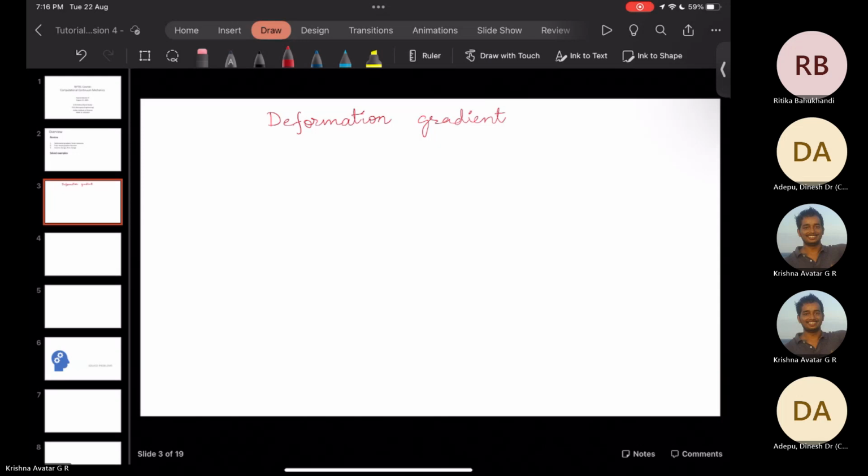Okay, so at first, do you have any idea of what we mean by continuum? Because continuum mechanics starts with continuum first, isn't it? If I may ask, do you have even a faint idea about what you mean by continuum?